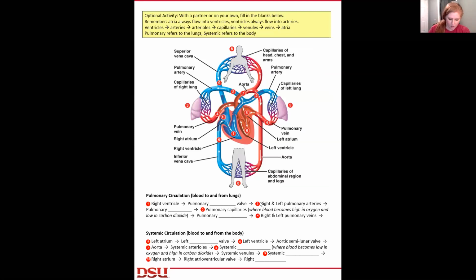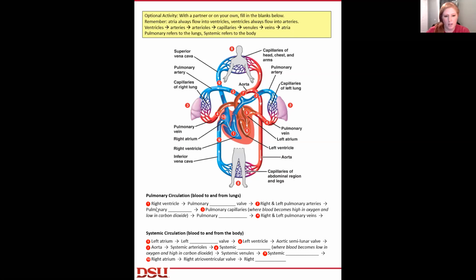So if we want to fill this out, you're looking at your atrioventricular valve, right, and the pulmonary arteries. What are they doing with this one? And then back through the veins. So you can fill this out if you want. If you notice up here, they are numbered.